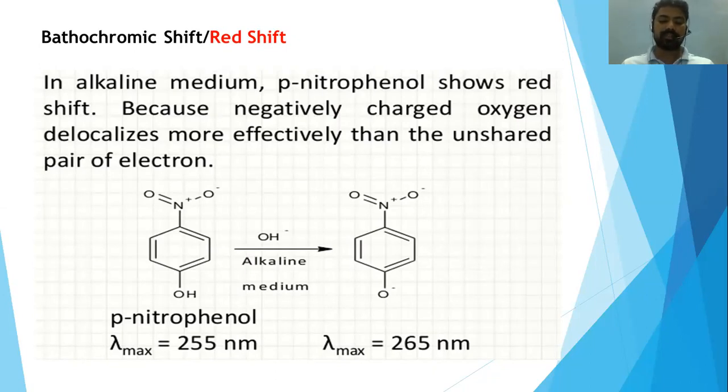Its absorption wavelength value is 265 nanometers. There is a change in the absorption maxima of the previous compound, and when it is dissolved in alkaline medium, the absorption maxima is increasing. This kind of shift is called simply bathochromic shift or red shift.